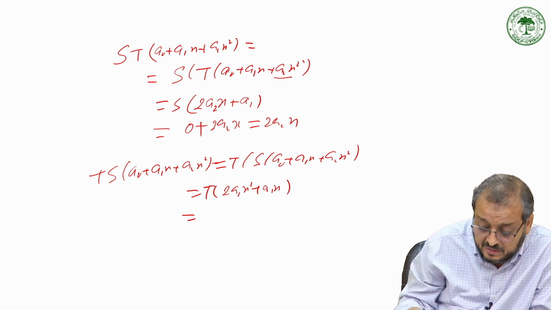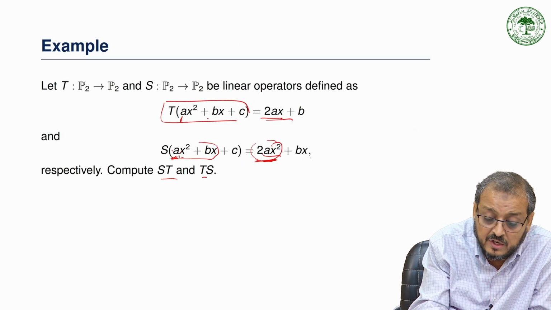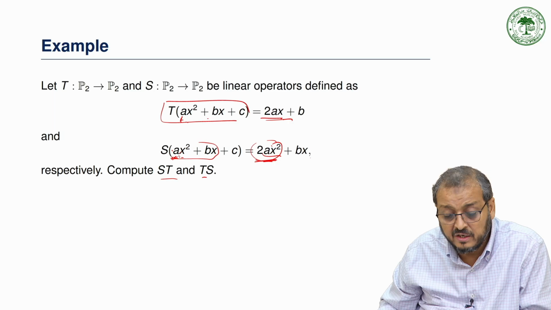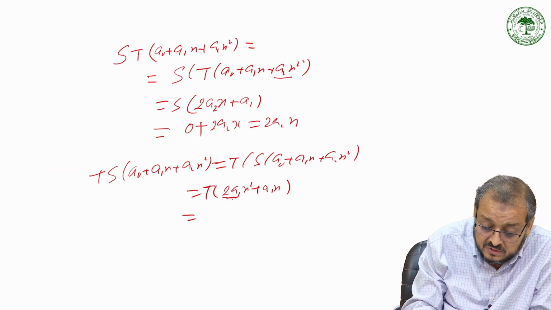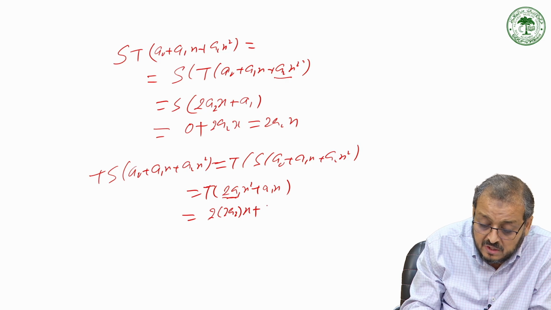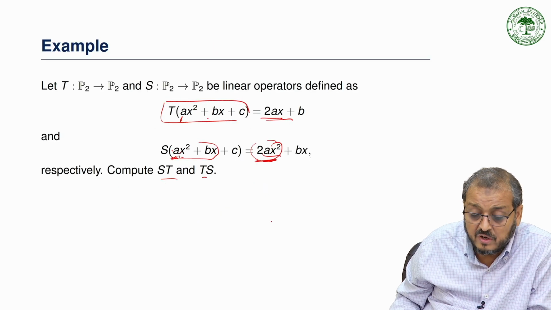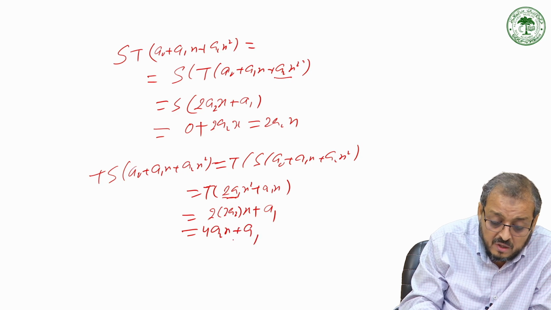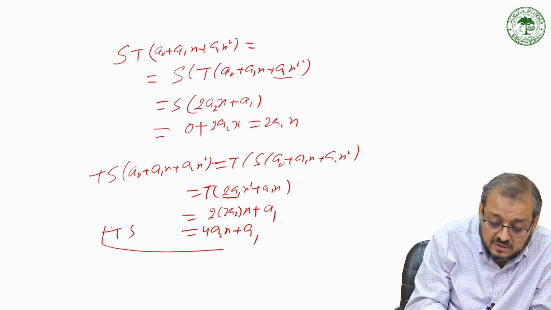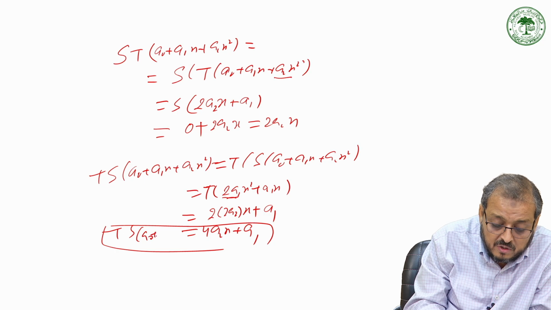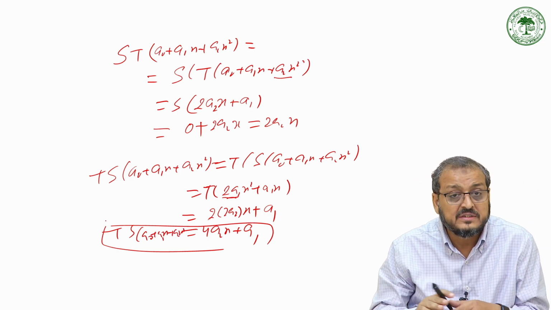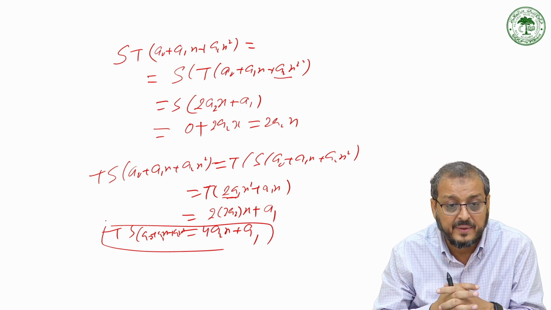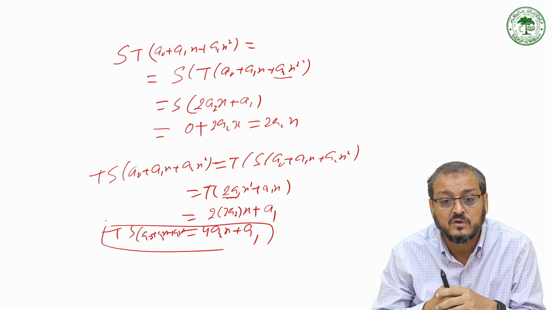Now operating T says take 2 times the coefficient of x², which is 2 times twice a2, times x, plus the coefficient a1. So this is equal to 4a2x + a1. So in this case we define both the maps in this way, ST and TS in this form.